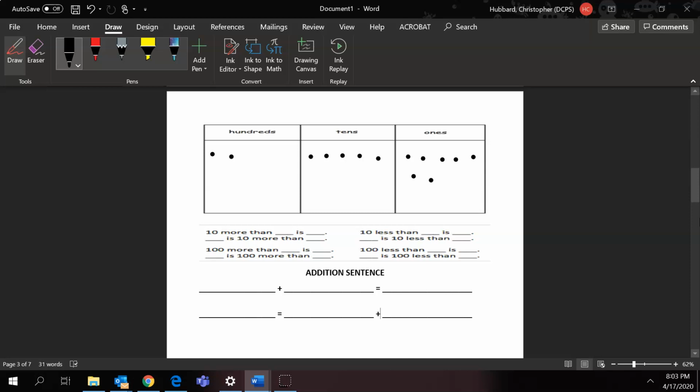Use a sentence frame to describe adding 100 to 157. Give you a minute to think about it.